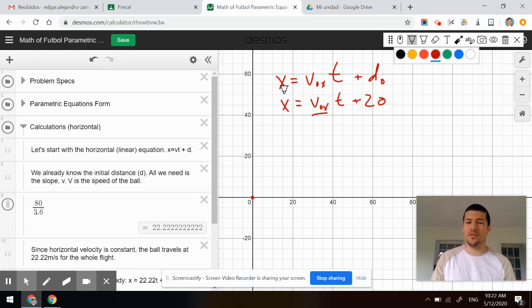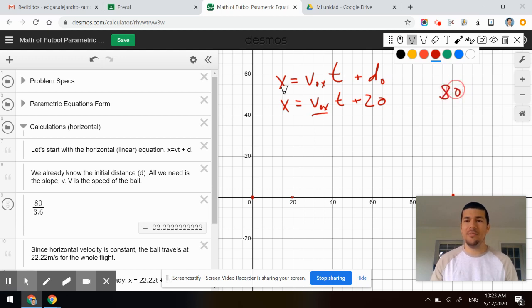Now the only thing that remains is to find out how fast the ball is going. Well, in order to find how fast something is going, you're basically going to take the distance that it travels. In other words, how far did this ball go? Well, if it went from 20 meters away from the goal all the way to 20 meters away from 120, that would be to 100. Then we'd find really a distance of 80.